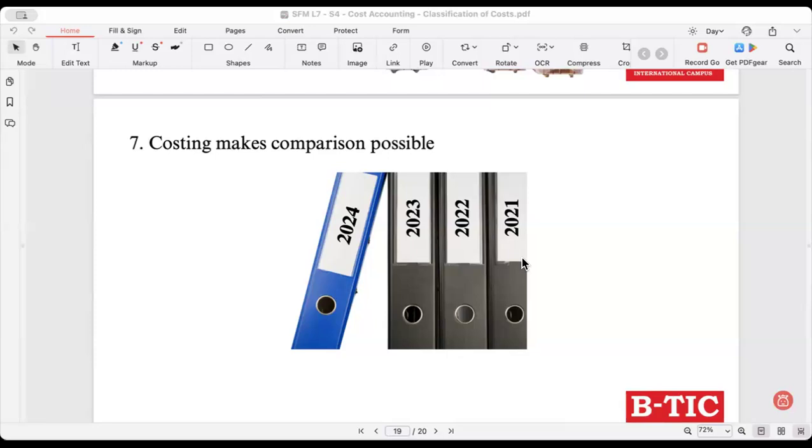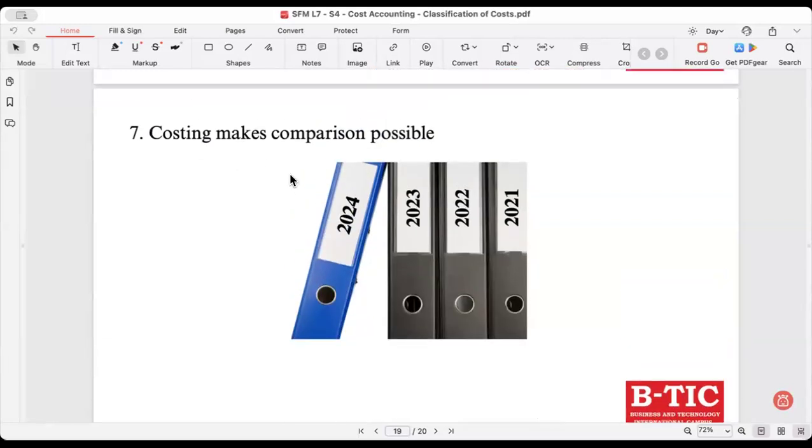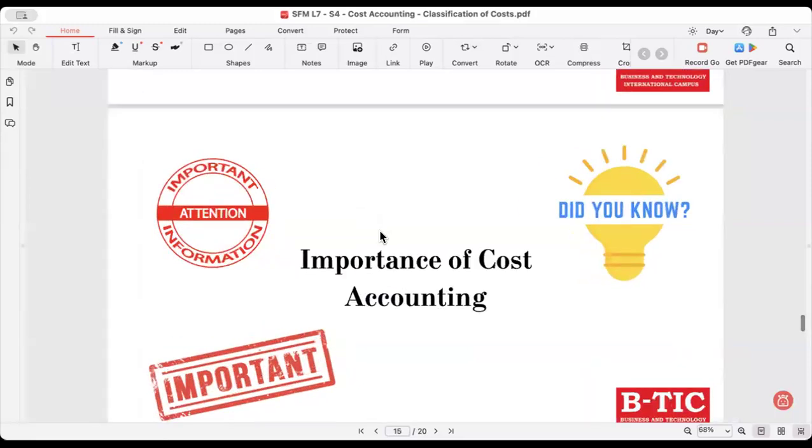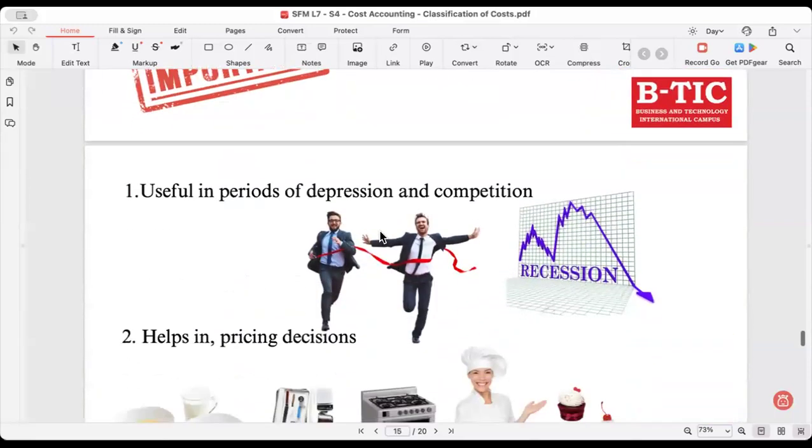Not only years, even months. So comparing the costings for different periods can be done if you have a clean record of costs. So costing makes comparison easy. So these are some of the importance of cost accounting.